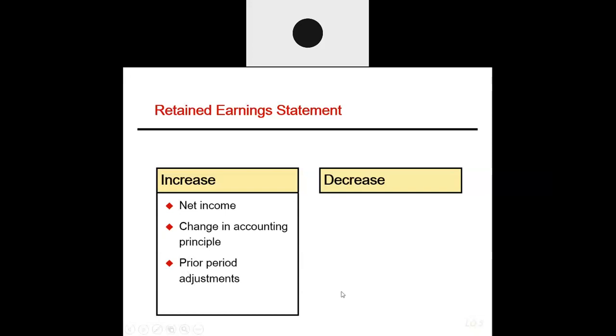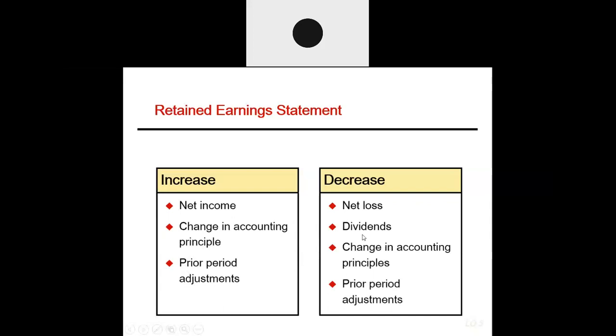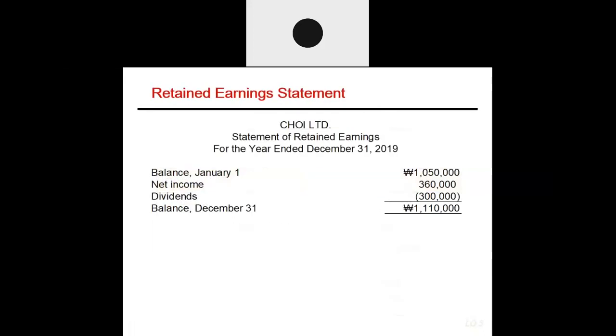What can decrease retained earnings is if the company reports a net loss, if the company distributes dividends to the shareholders, and also any change in accounting principles and prior period adjustment. This is how the retained earnings statement looks like: you report the beginning retained earnings plus net income minus dividends, and you get the ending retained earnings.